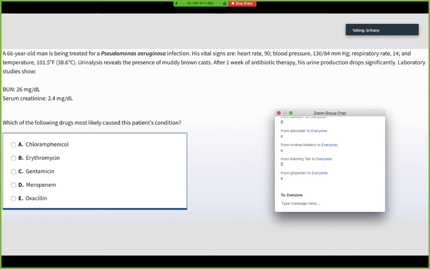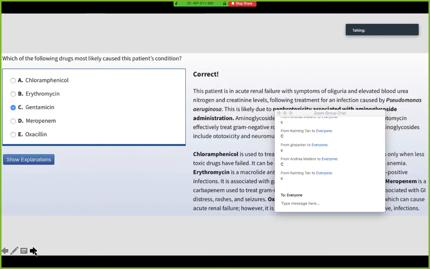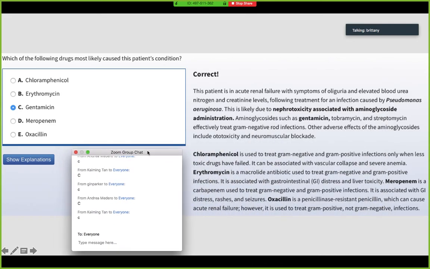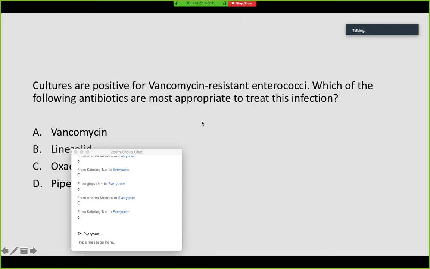It has to be something that can treat Pseudomonas, number one, and number two, something that's nephrotoxic. You guys got it? So gentamicin. Remember that your aminoglycosides are very nephrotoxic and that they will also cover Pseudomonas.